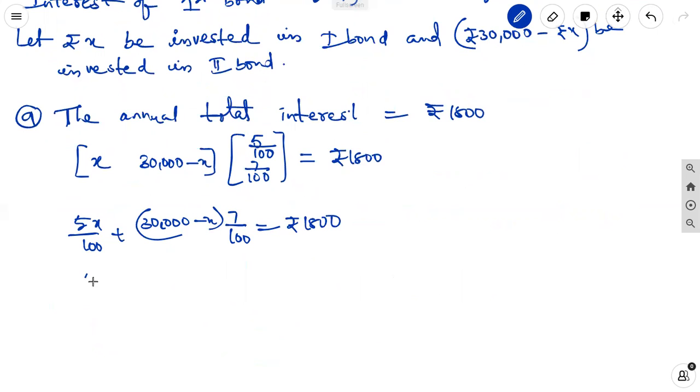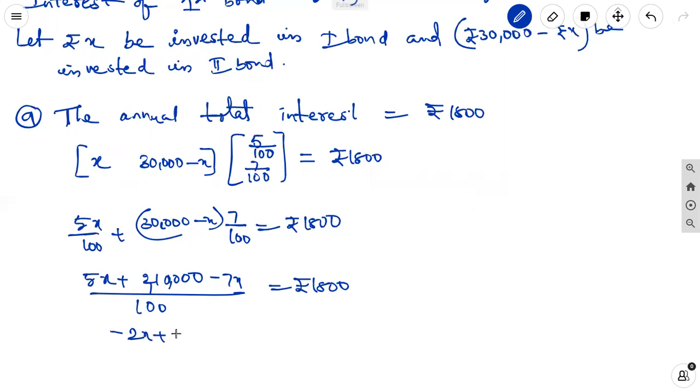Taking the LCM, 5x plus 7 3s are 21, that is 2,10,000 minus 7x whole by 100 is equal to 1800 rupees. 5x minus 7x is minus 2x plus 2,10,000 rupees is equal to 1800 rupees into 100 rupees equal to 1,80,000 rupees.